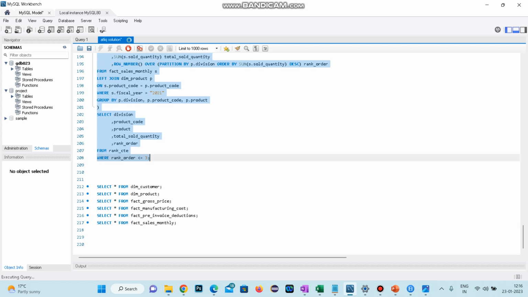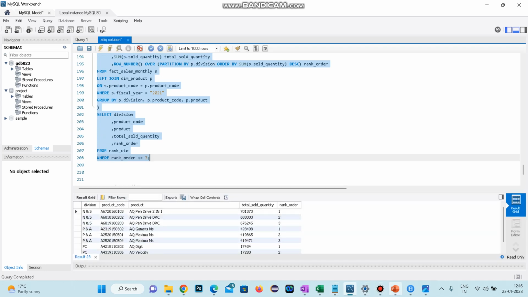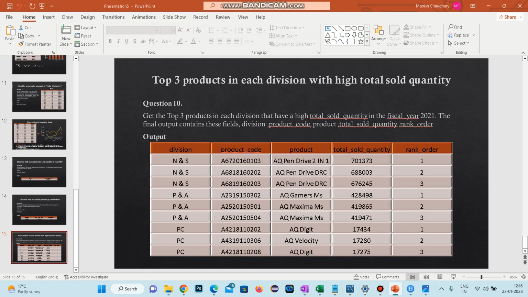So let's run it. Here we can see that N&S has the highest total sold quantity as compared to other divisions, and it is 7 lakh 30,073, and we have ranked here.